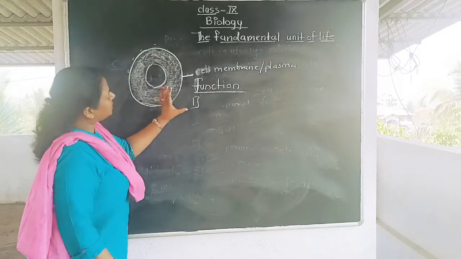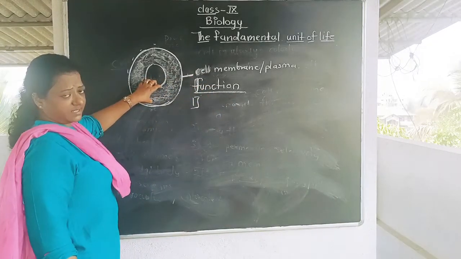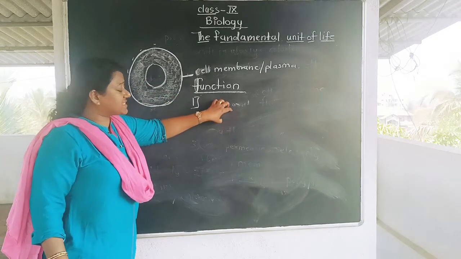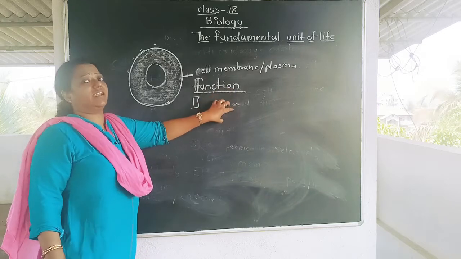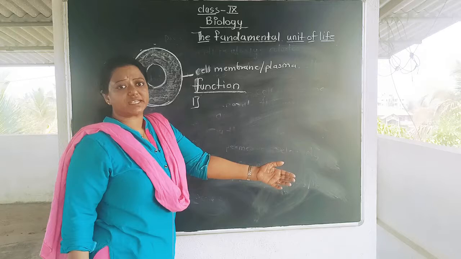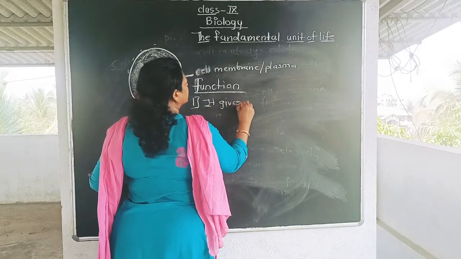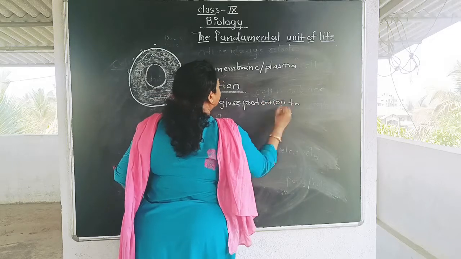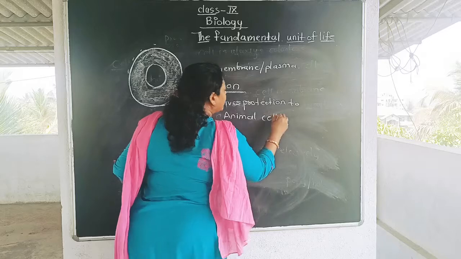As it separates the surrounding environment and the cell, it is protective. It gives protection to the animal cell. Why not plant cell? That I shall talk to you about later. Okay? It gives protection to the animal cell. Animal cell only.